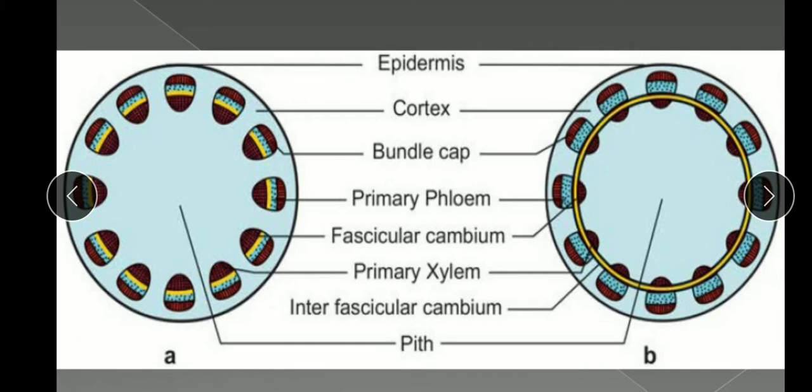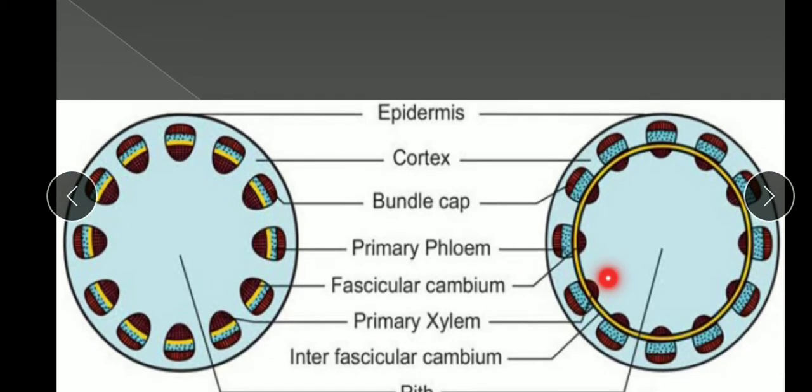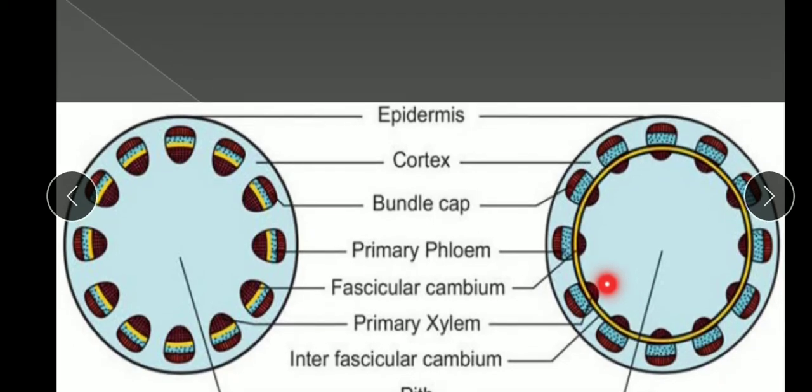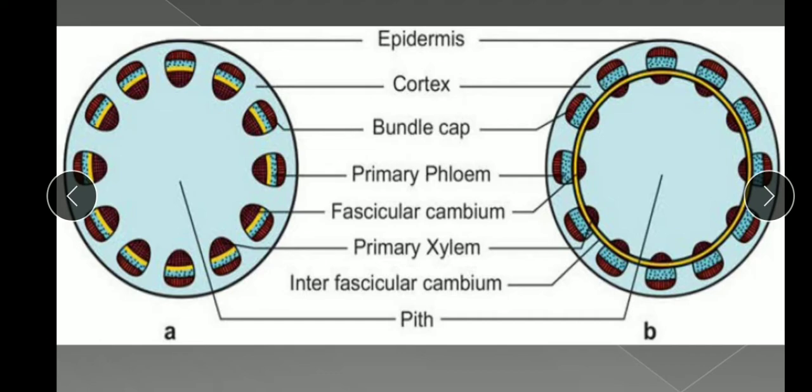The cells of the pith rays which are lying between these vascular bundles become meristematic, and this is known as the intervascular cambium. Now both of these cambium, the intravascular cambium, which is present between the xylem and phloem, and the intervascular cambium, become continuous with each other after cell division and form a complete ring.